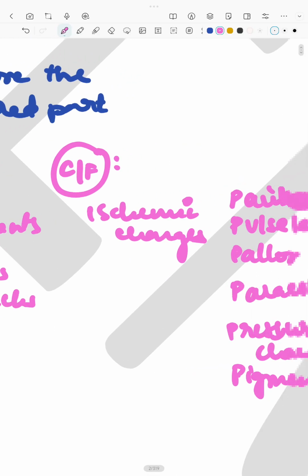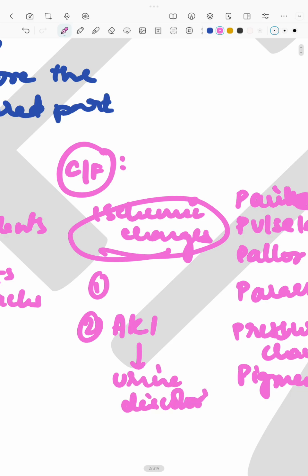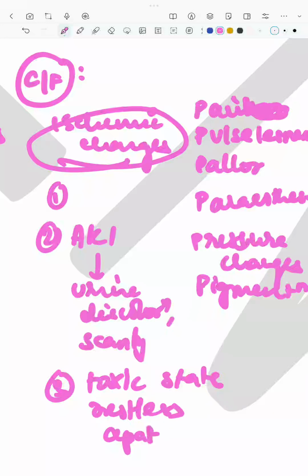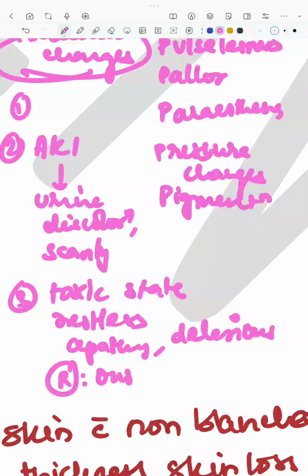These are all seen as ischemic changes. As said, there will be AKI, with urine discoloration and then scanty urine. The patient will be in a toxic state. He will be restless, apathetic, and delirious, due to the onset of uremia-like features.